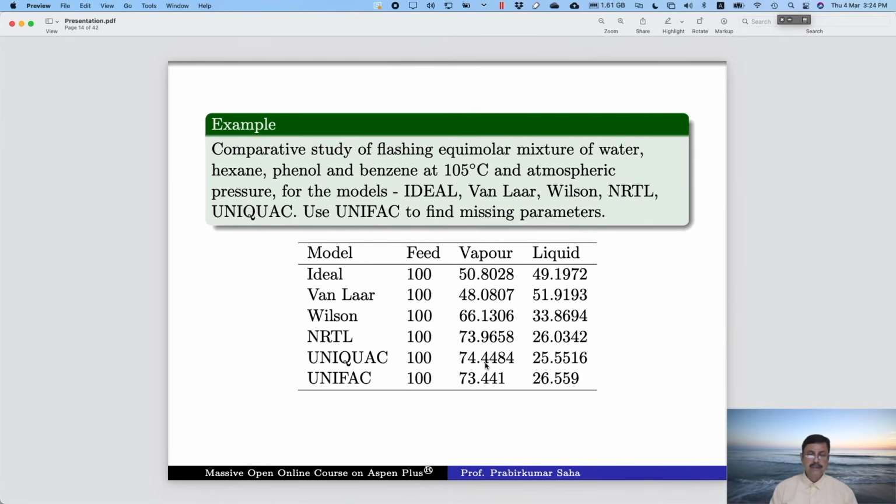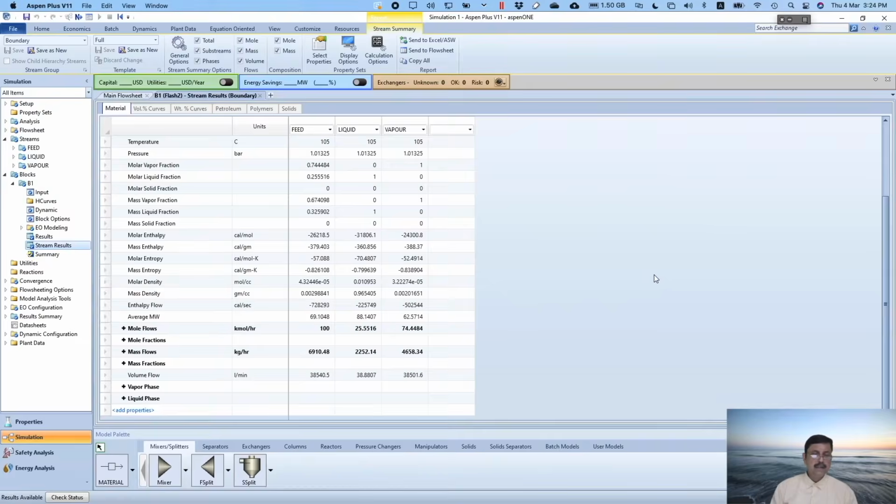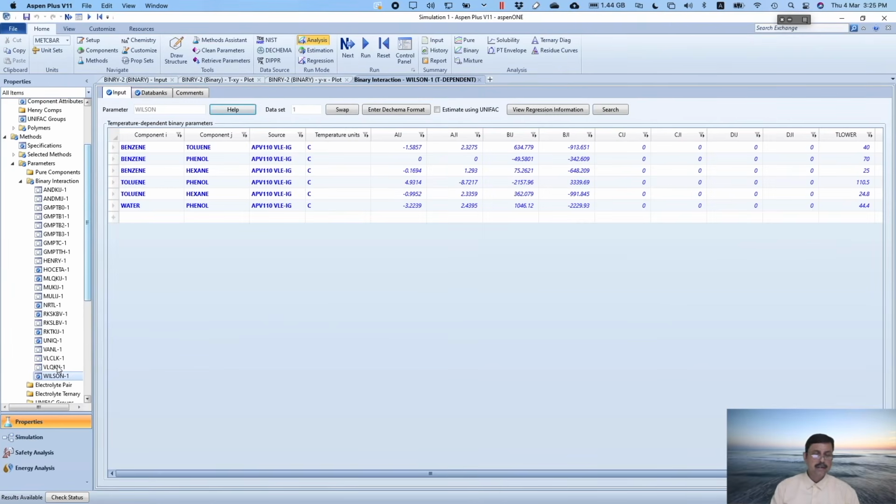Now, the second task, we have to use UNIFAC to find missing parameters. So, what are the missing parameters? You go back to property method and see the binary interaction between all the components. For instance, go to Wilson method. Now, here we have the temperature dependent binary parameter with water and phenol combination. But do we have water hexane combination? We don't.